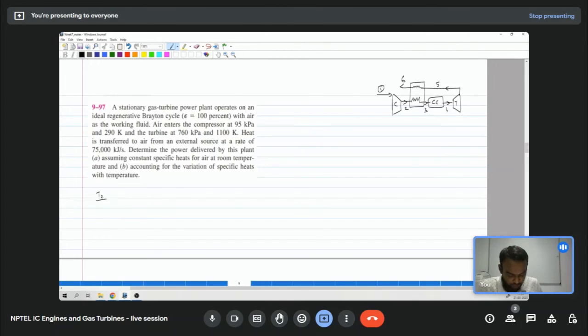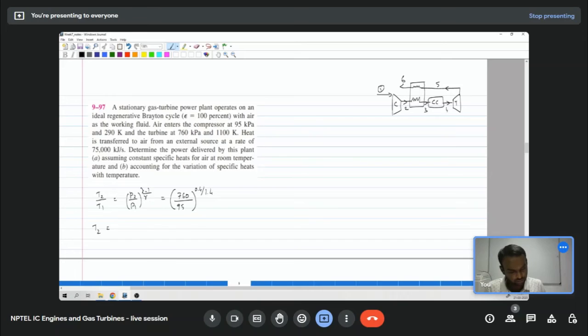We know T2 by T1 is P2 by P1 power gamma minus 1 by gamma. P2 by P1 is 760 kilopascal divided by 95, whole power 0.4 by 1.4.